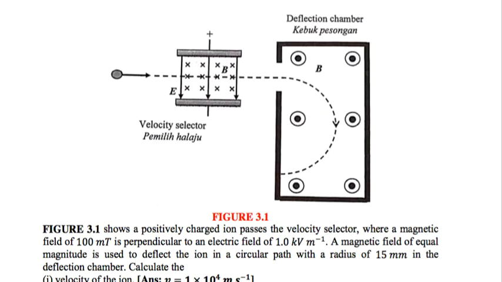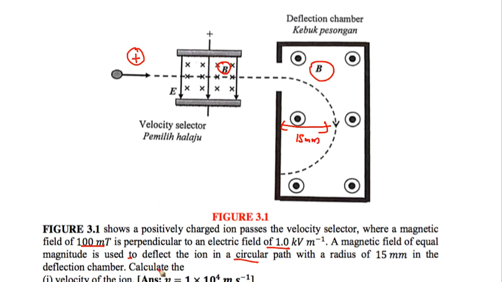Next question, the figure shows a positive charge. This is a positive charge passing through the velocity selector where the magnetic field is 100 millitesla, perpendicular to the electric field of 1 kilovolt per meter, and the same magnetic field is used to deflect the ion in a circular path. So the magnetic field here is equal to the field here, and the circular path here has a diameter of 15 mm in the deflection chamber.